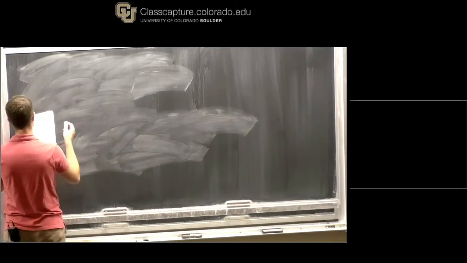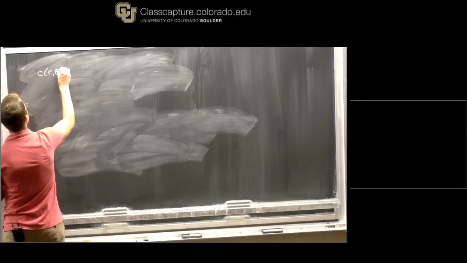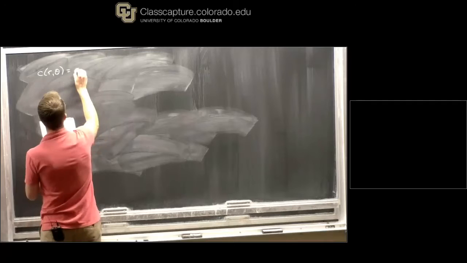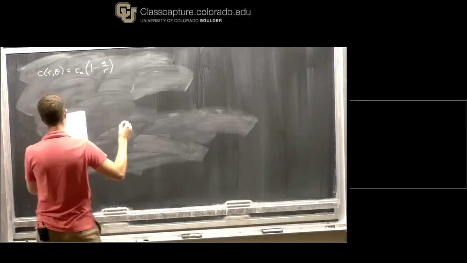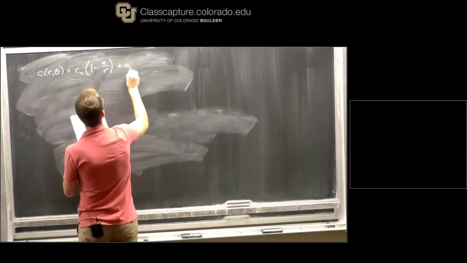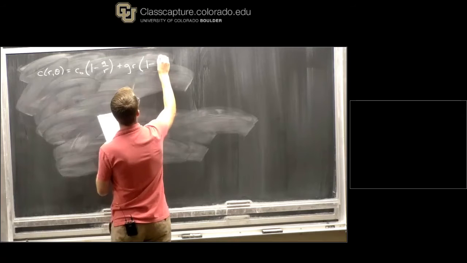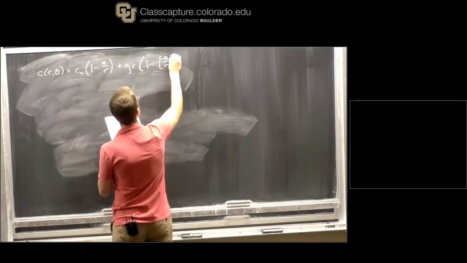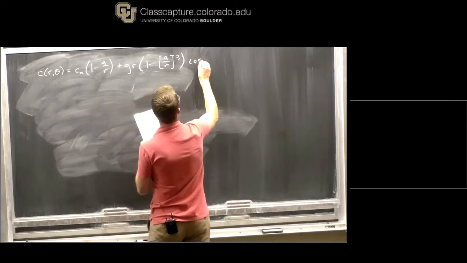Right. So the final expression is C of R and theta is C naught times 1 minus A over R. That's the first term. Plus G R times 1 minus A over R cubed from the second term times cos theta.